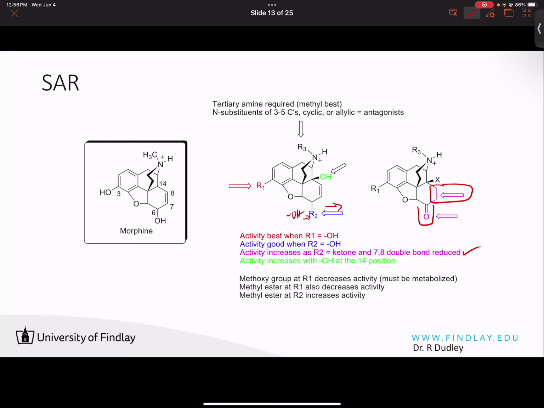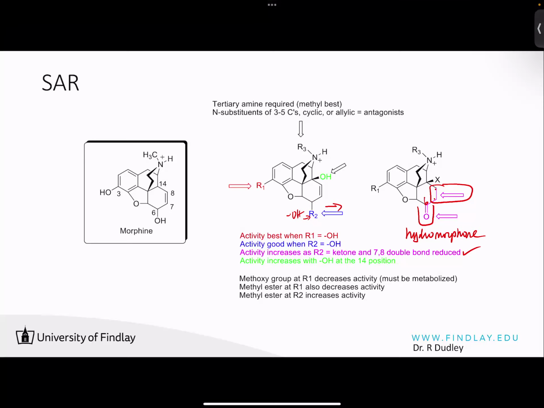And that's what we see with a drug called hydromorphone or Dilaudid, right? So hydromorphone or Dilaudid is an oxidized slash reduced analog of morphine, oxidized at the sixth position, reduced between the seven and eight position, right?